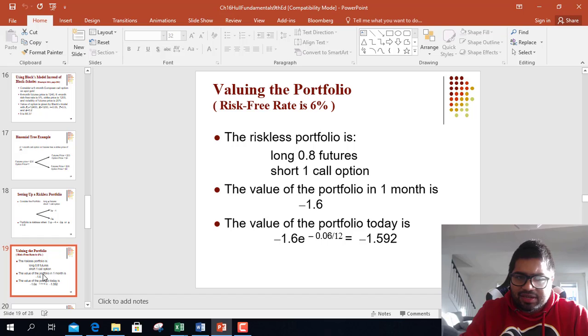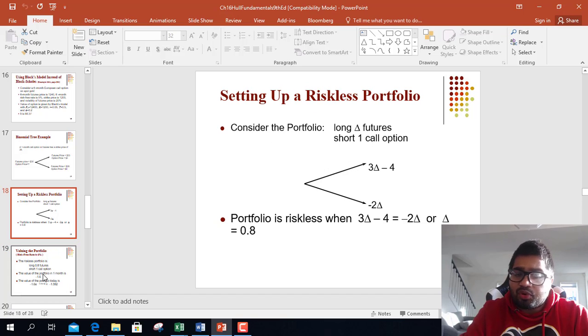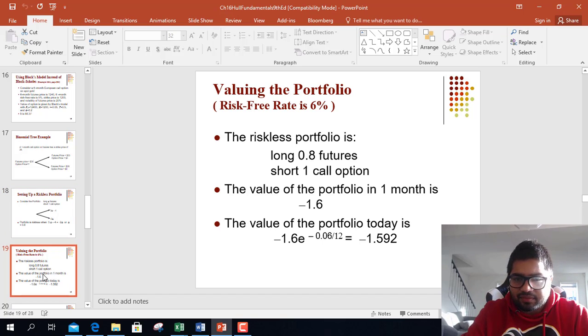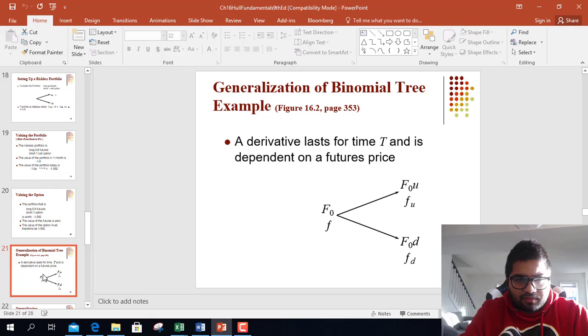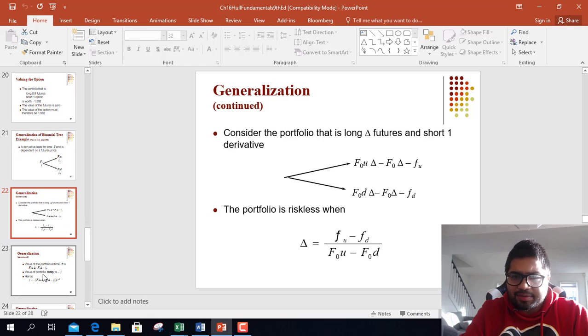So setting up a riskless portfolio, this is to prove the binomial tree. The process is the same, except I'll tell you where the difference lies. They're just stating what the process is.